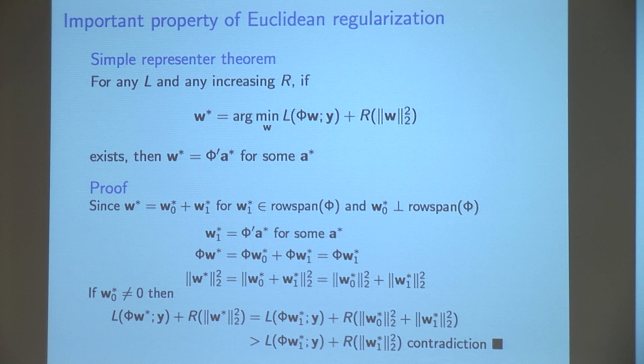And then I'm going to add to that any increasing function of the Euclidean norm. So I have some penalized optimization with any increasing function of the Euclidean norm, and I'm going to solve it. If the solution exists, like, if I haven't picked some crazy loss function that has no solution, then it's guaranteed that that solution can be expressed as a linear combination of the training vectors, okay?